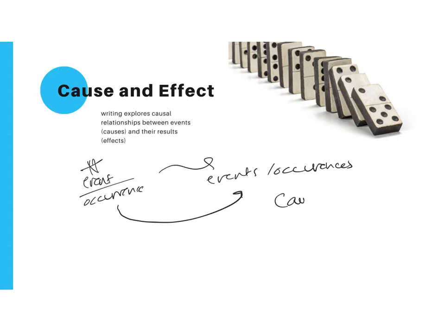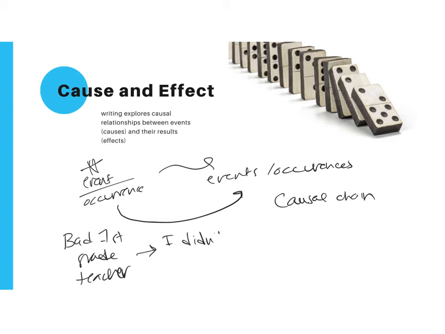A causal chain is when you follow a series of causes and effects. So let's say somebody felt they had a bad first grade teacher, right? They might start their cause and effect narrative with the description of their bad first grade teacher. They would then talk about how because I had this bad first grade teacher, I didn't learn to read.